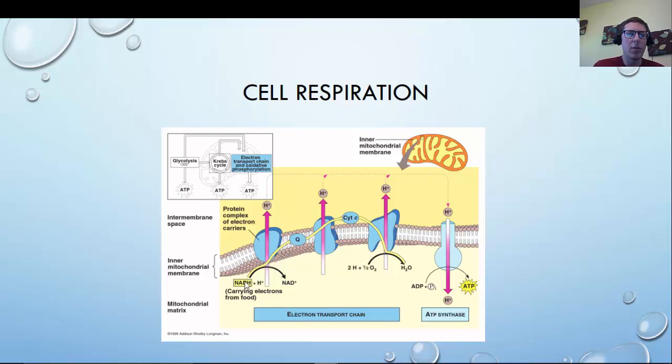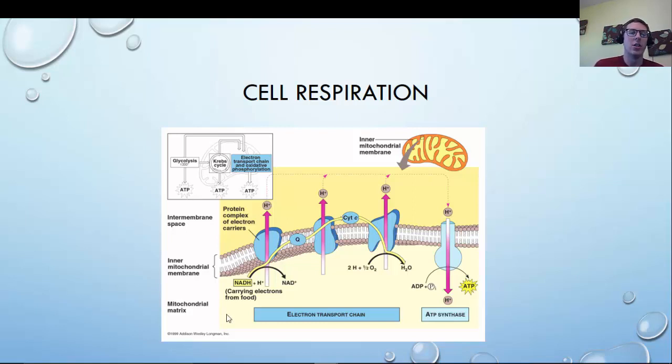And remember, NADH is used in cell respiration. NADH, which is created, it's reduced, remember, it's reduced to make NADH, and then later oxidized to make NAD+. And if you're trying to remember oxidation versus reduction, which one's which, remember LEO says GER.